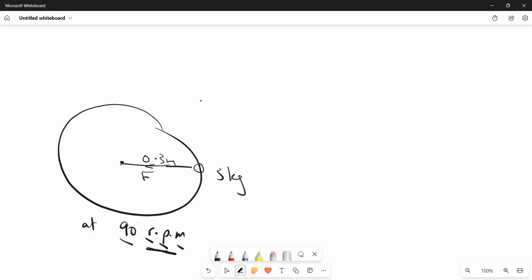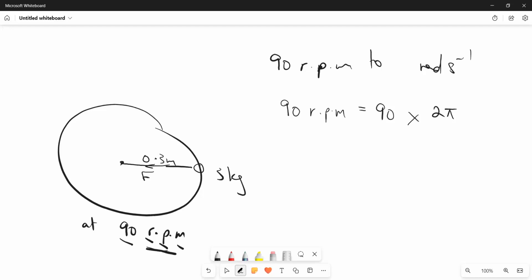So you have to convert 90 RPM to radians per second. How do you do that? 90 RPM will be equal to 90 times, now 1 revolution is really 2 pi radians.